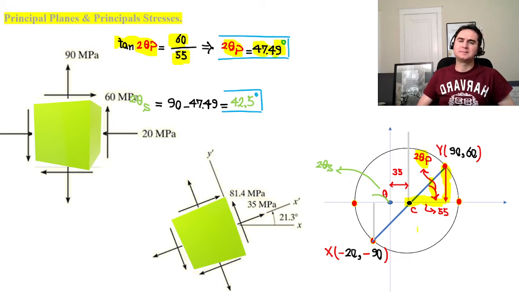Again, 2 theta s is just 90 minus that angle.